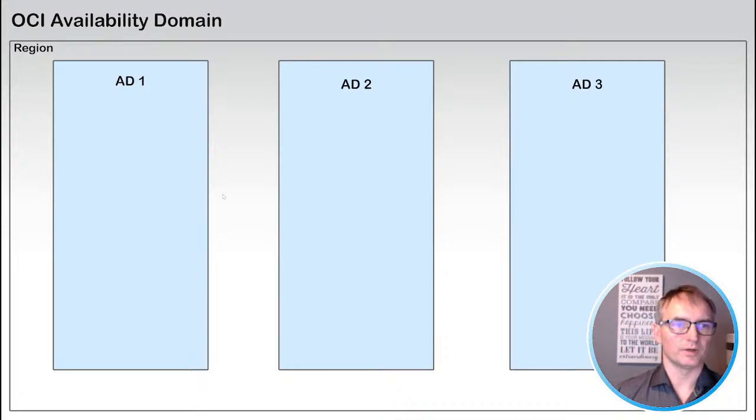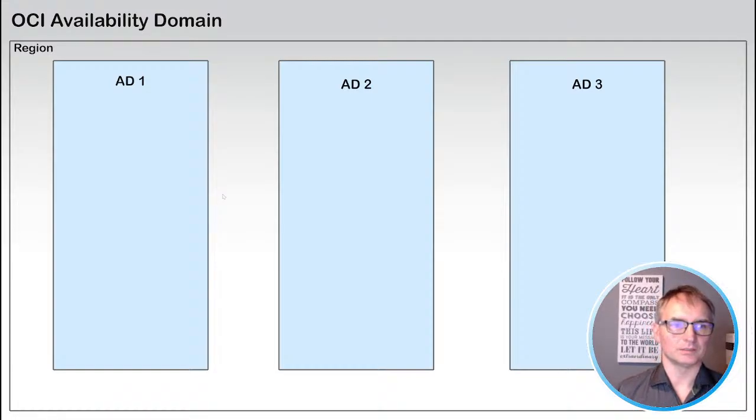Oracle Cloud provides three availability domains in the region. Oracle has multiple regions, like also the other cloud providers, and within those regions you have different availability domains. What is the availability domain?